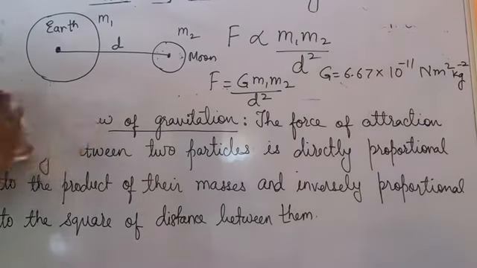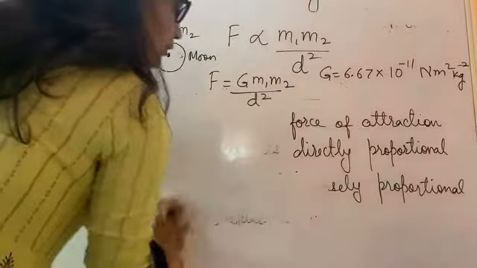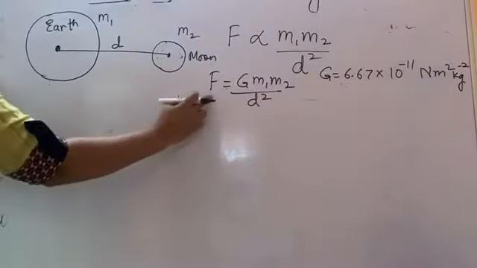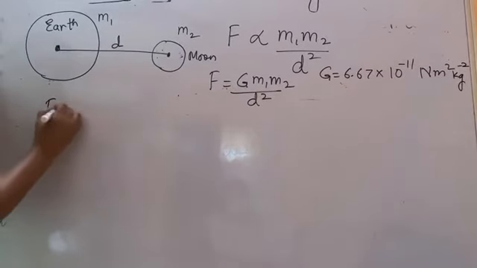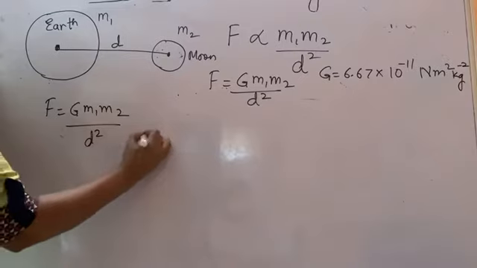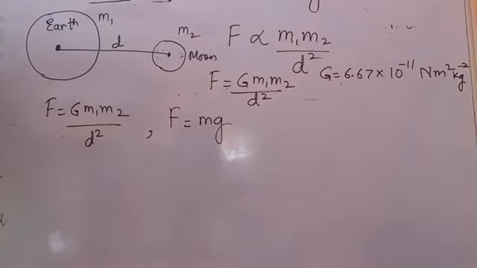Now I will go a little bit further to make you understand how gravity changes from place to place. Now children, from here you got this concept, F is equal to G m1 m2 upon d square. Also you know another formula for F, which is m into g, mass into acceleration due to gravity.